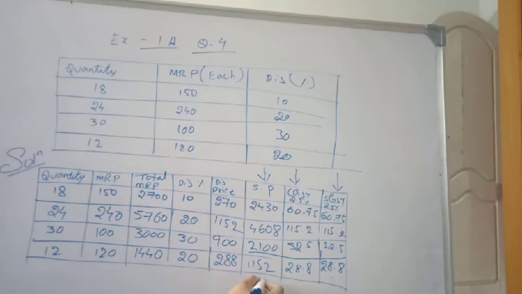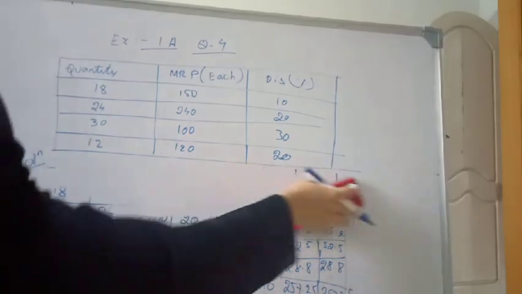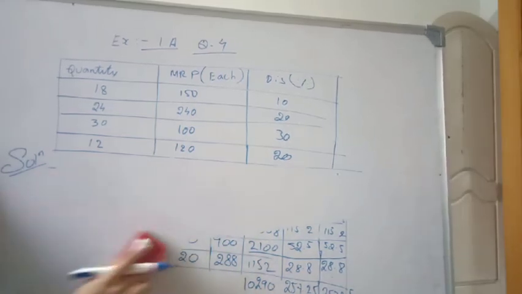The total of the selling price is 10,290, including CGST and SGST of 257.25 each. These three the salesman collects from the buyer: selling price with CGST and SGST.